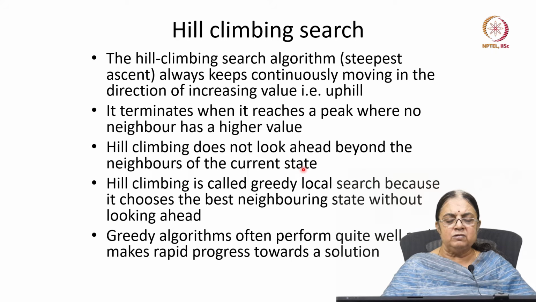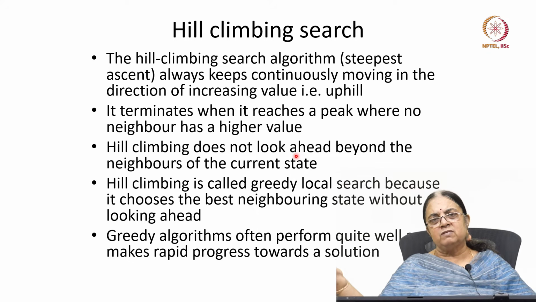And it only looks at the neighbors of the current node. It does not look anywhere else. So it keeps moving in that direction. It is known as a greedy local search because at that particular point in time you try to choose the neighboring state without looking somewhere ahead.